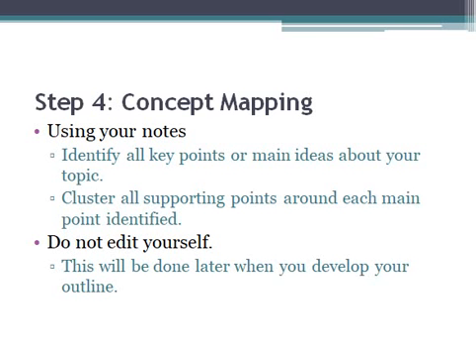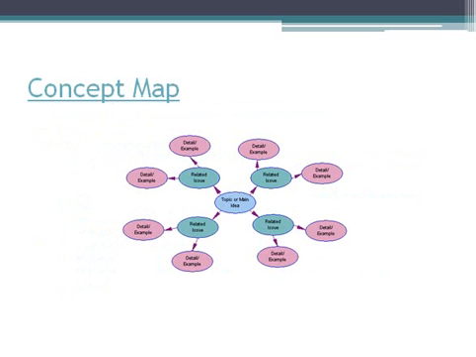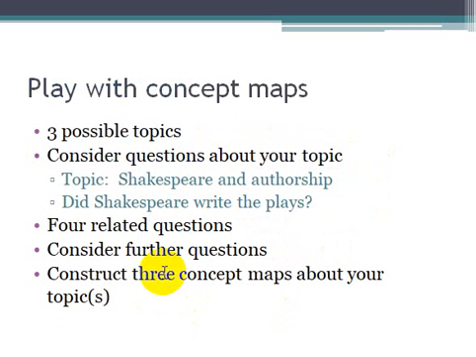You have to put this off until the step of outlining. Now this is how you write your concept map. For example, this is main, this is main, this is main, this is main, and these in pink are the supporting ideas to the main ones.